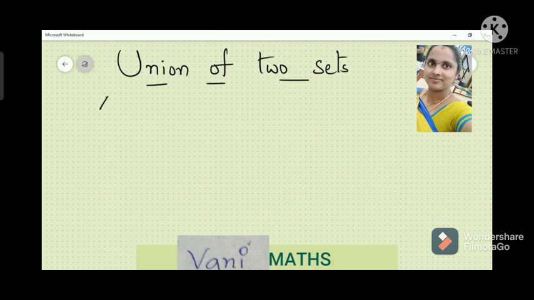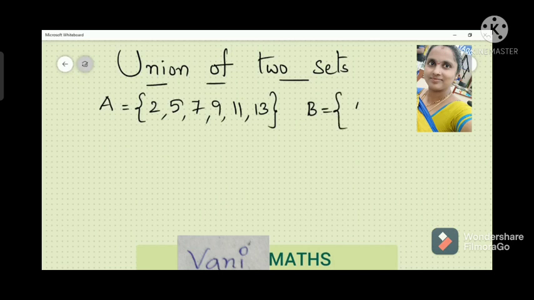Suppose A is equal to the set containing 2, 5, 7, 9, 11, 13, and B is equal to the set containing 5, 9, 11, 17, 20. Then what do we have to write for A union B? The elements of A or B or both. In the previous class, we wrote all the elements of A and B. If they are repeated, we cancel once.